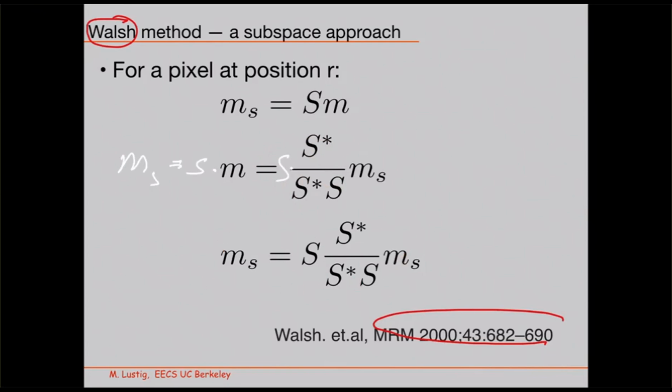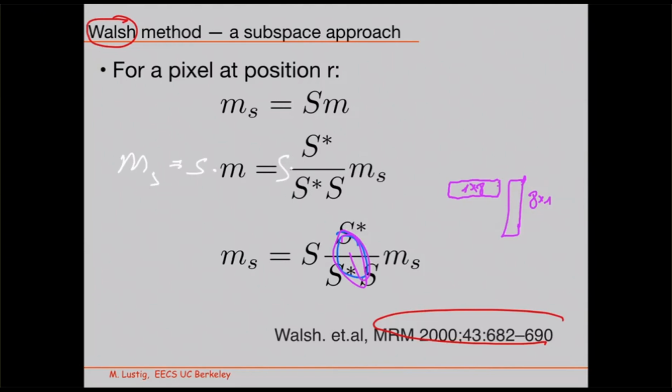But the thing is, let's say I have 8 coils, 8 channels. Then MS would be 8 by 1 pixels, because I've got 8 coil images. So for every position, I'm going to get 8 pixels. This matrix here is going to combine them into 1, so this one is 1 by 8.